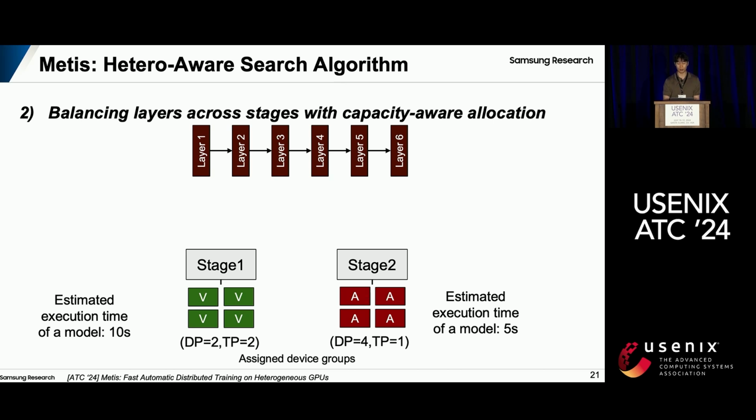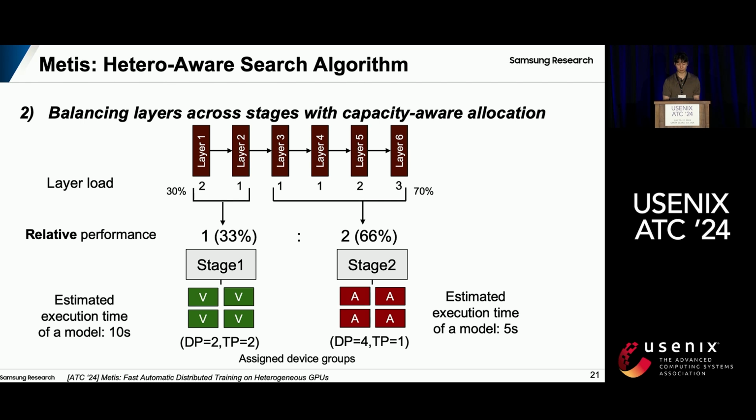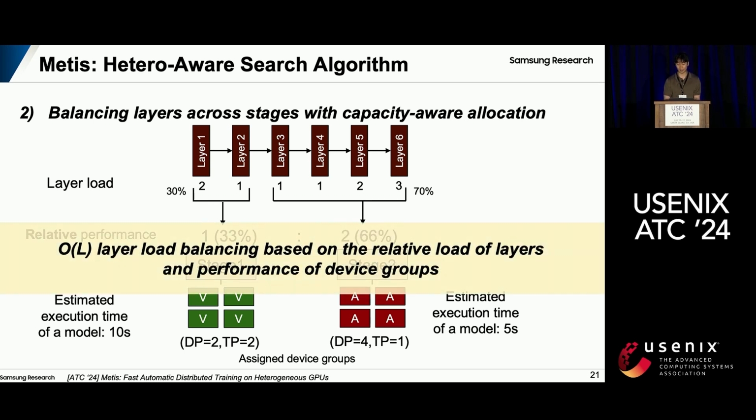Then we can compare the relative computing performance of the 2 stages, and in this figure, stage 2 has 2 times higher computing power than stage 1. Based on this, Metis proportionally allocates the load of layers across stages according to the relative performance. By doing so, Metis can reduce the layer load balancing overhead from cubic time complexity to linear time complexity.